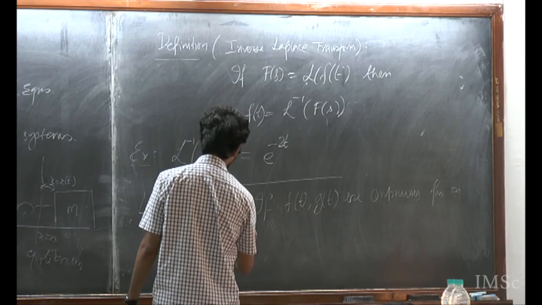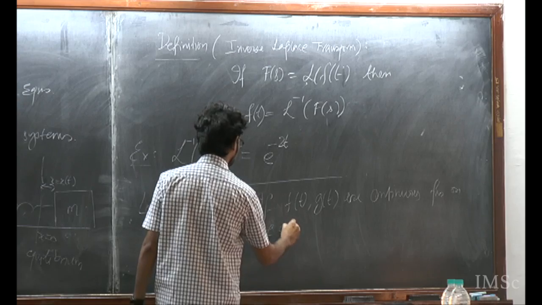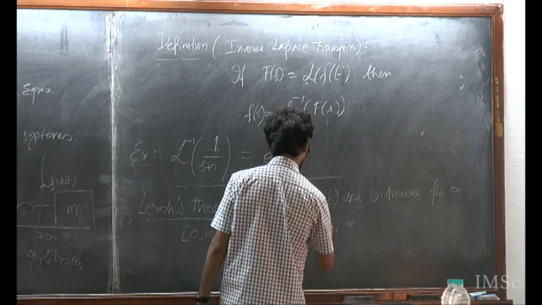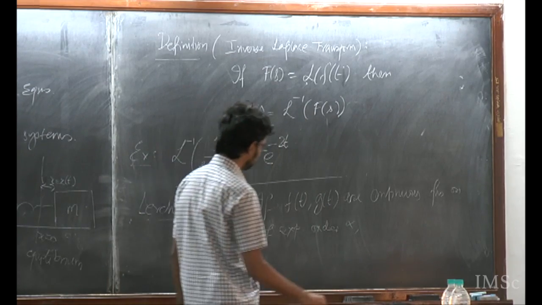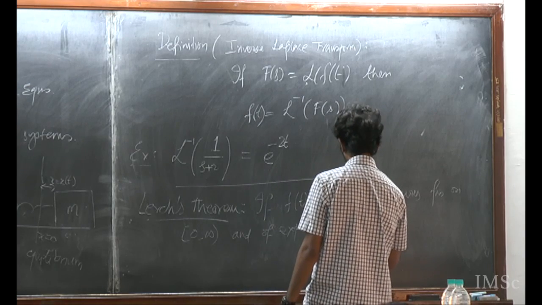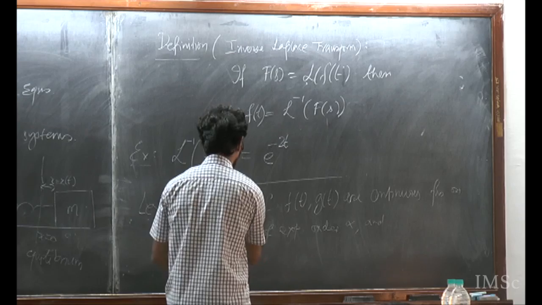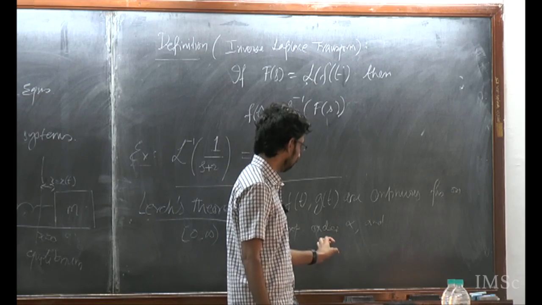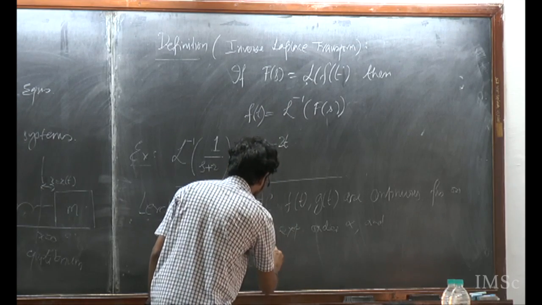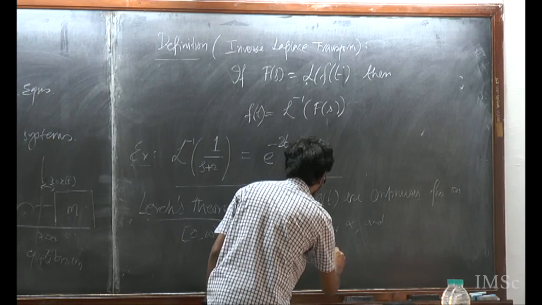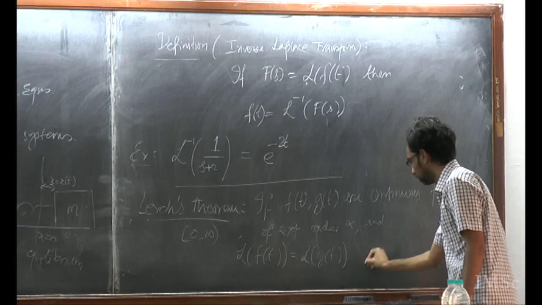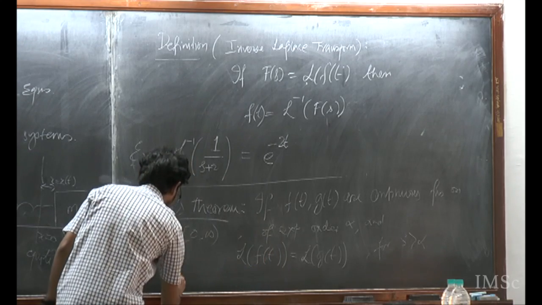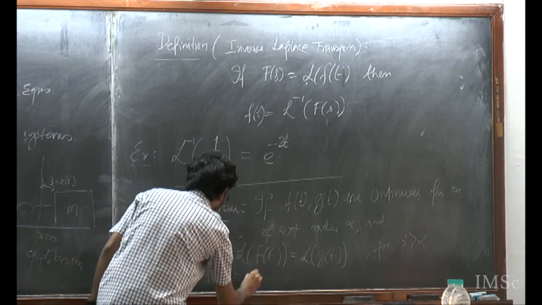and of exponential order alpha, so they are continuous on the positive real line, they are of exponential order alpha, and their Laplace transforms coincide for s greater than alpha, then f(t) is equal to g(t).